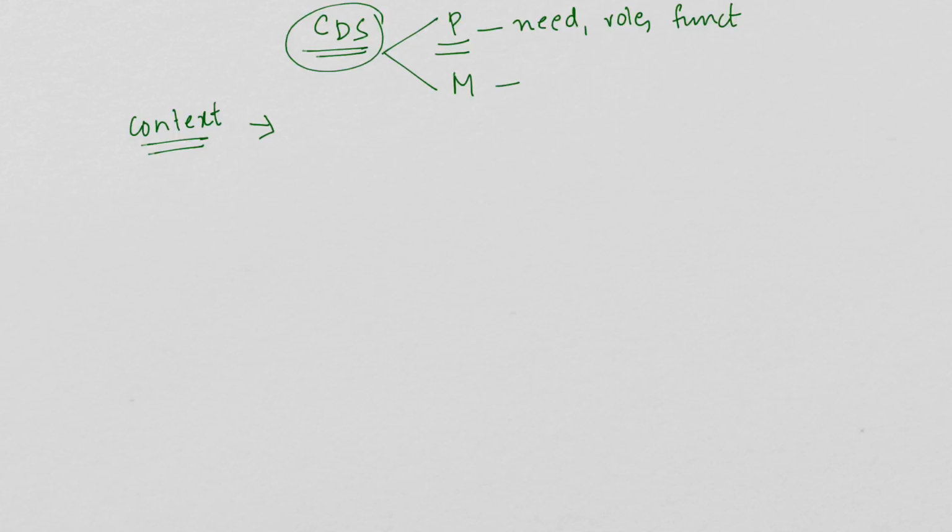Now, as we said, what is the CDS? It is a high military office that oversees and coordinates the working of the three services, the Army, the Navy and the Air Force. Now, when we talk about the role and the functions of the CDS, I am talking from your UPSC perspective. So important points to be noted.